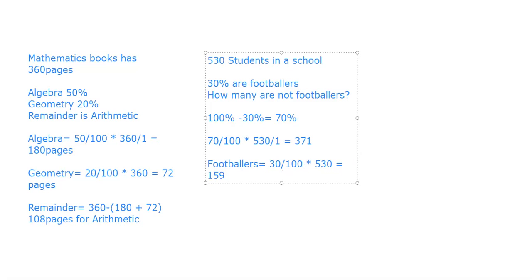And now that we know that there are 159 footballers, the remainder who are not footballers would be 530 minus 159, which is equal to 371.